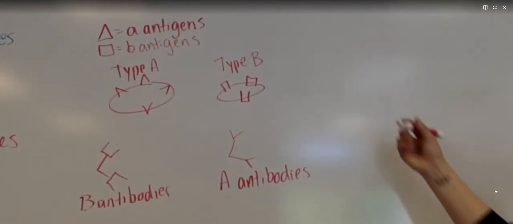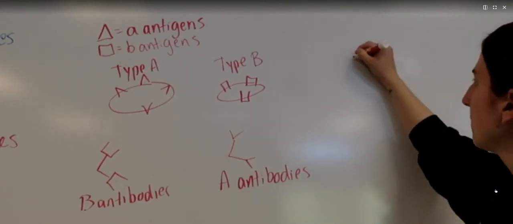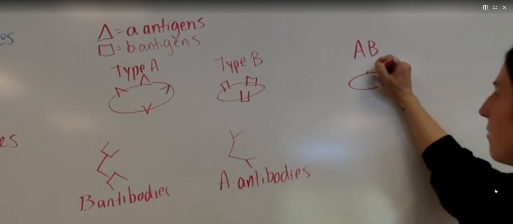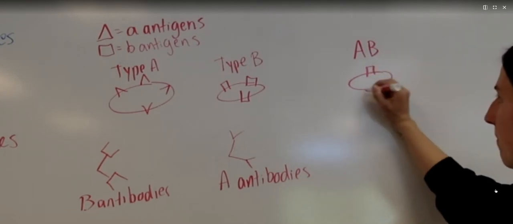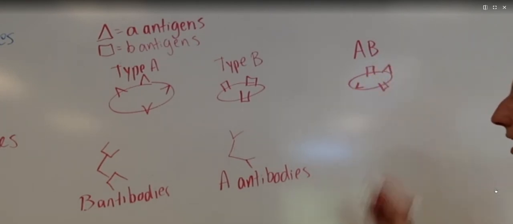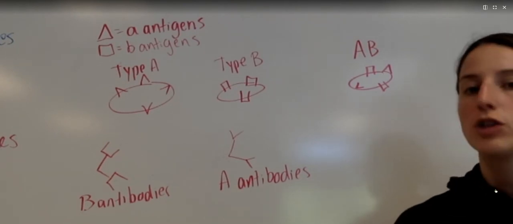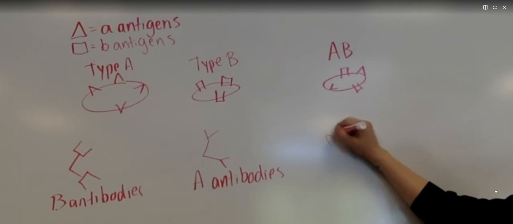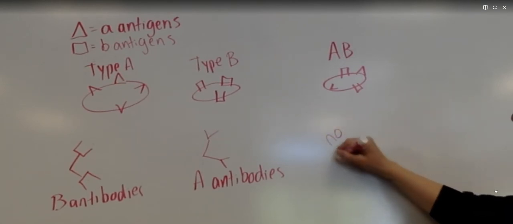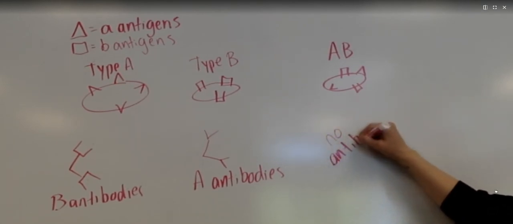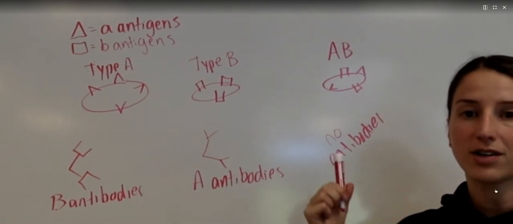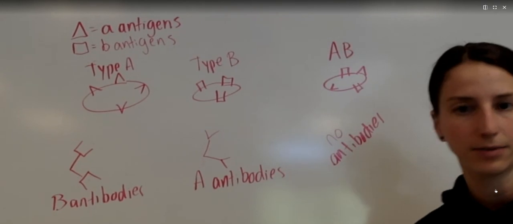Now, if you are type AB, your blood cells are going to have both B and A antigens on them. So in this case, your blood plasma is not going to have any antibodies, because if it had A or B antibodies, it would be causing your own blood to clump, which would be bad.